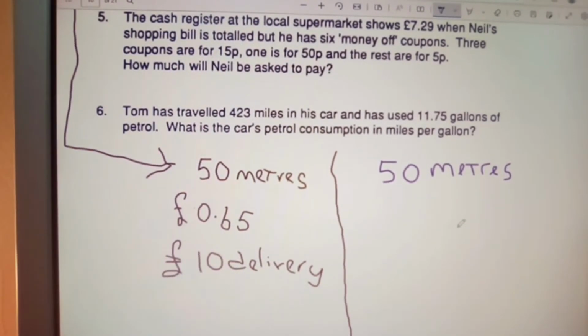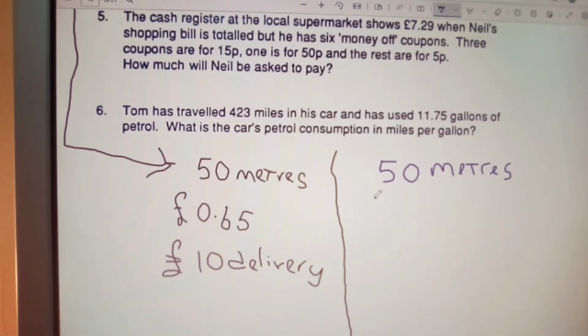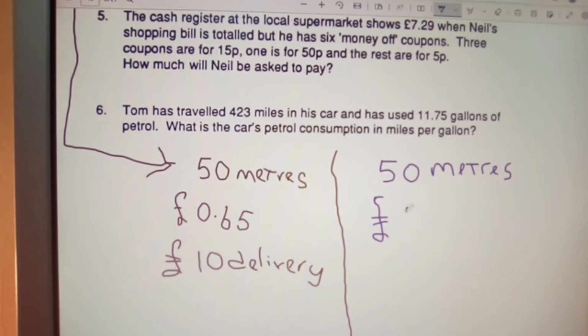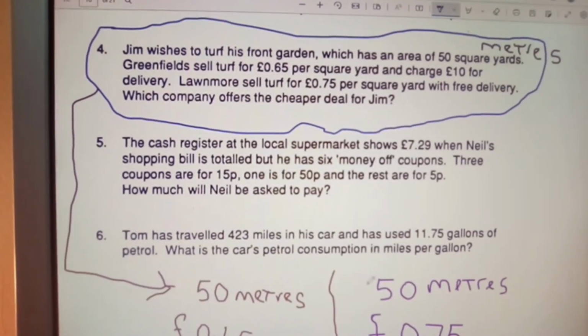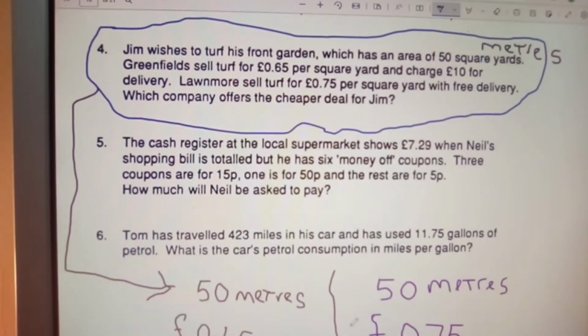Now, lawnmower sells for 0.75 per square meter with free delivery, and delivery is free. So what's the problem here?